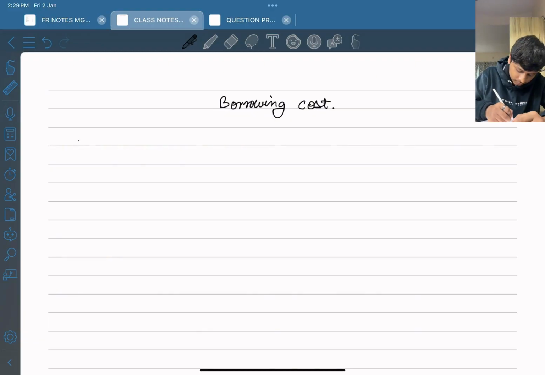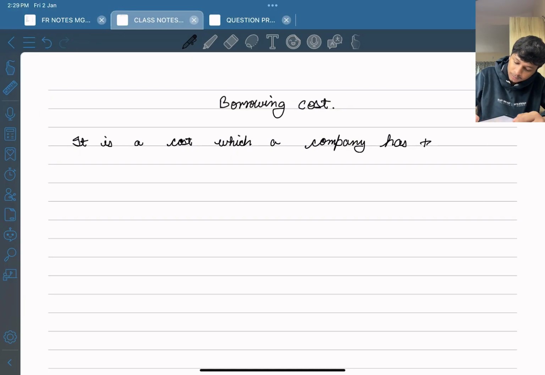Borrowing cost is a cost which a company has to pay on its borrowing.